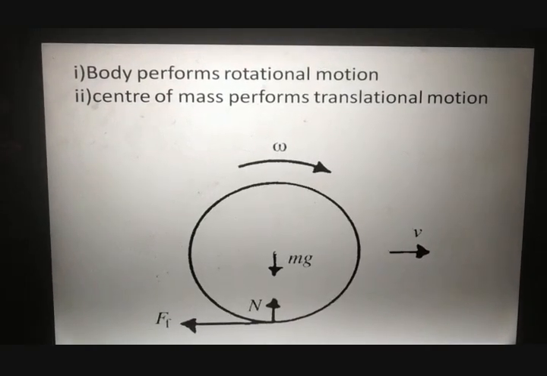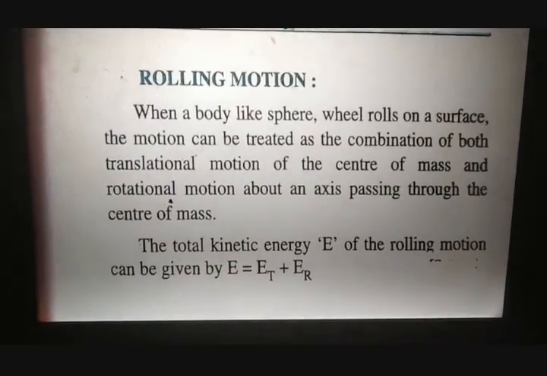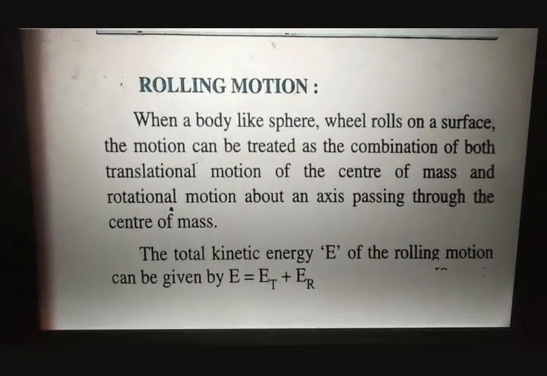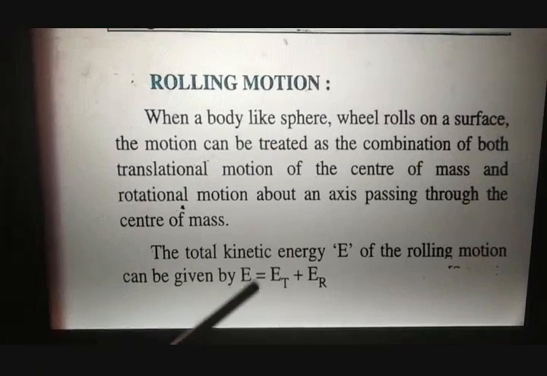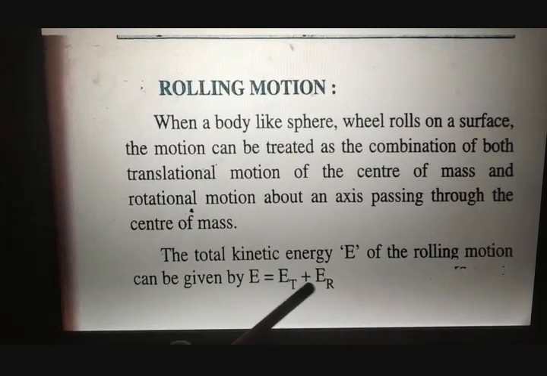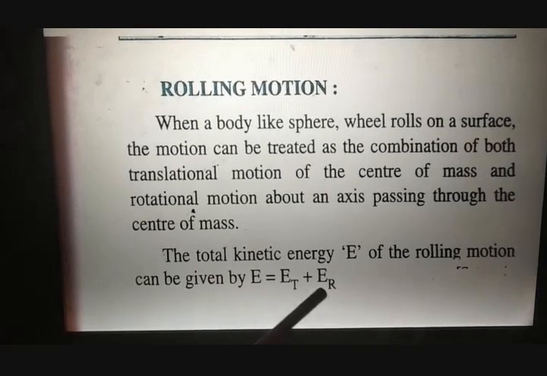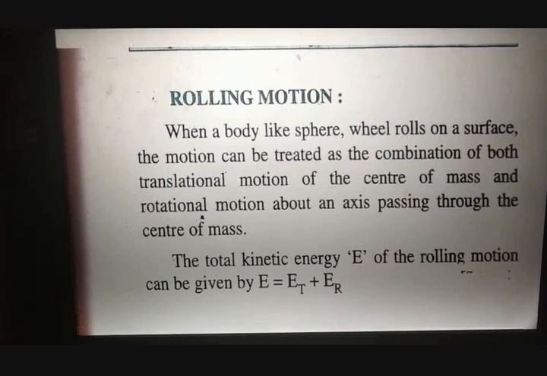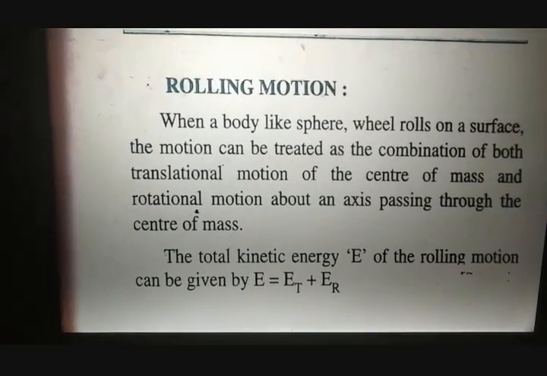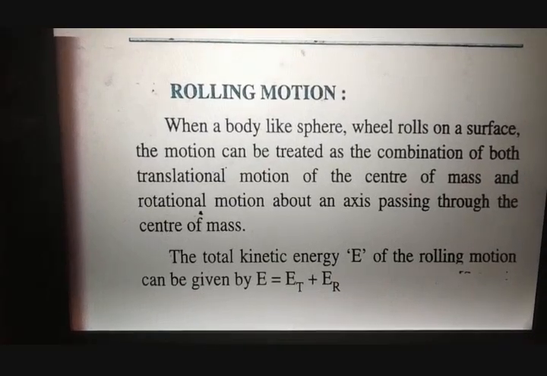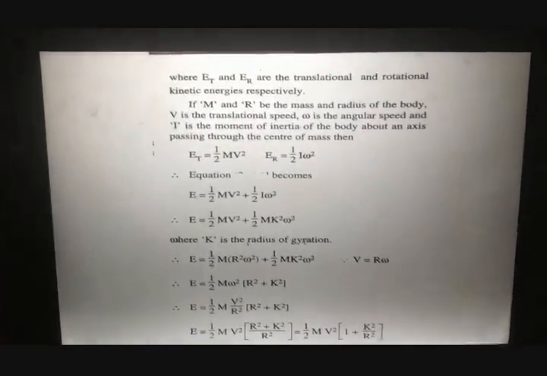So the total kinetic energy for that body will be given by E equals energy of translation plus energy of rotation, because rolling motion consists of both the energies. So now let us derive this expression.